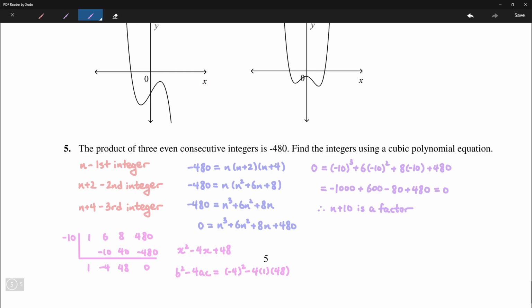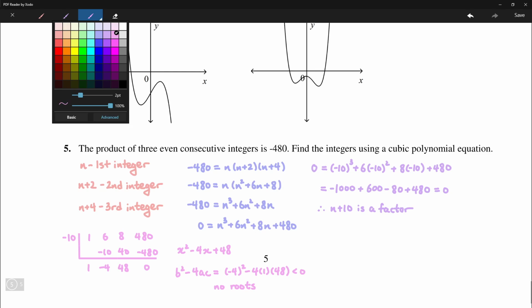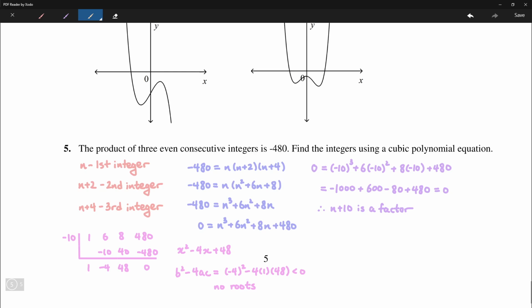So if we were to expand here, we can see that this is going to be less than 0, so there are no roots. So that is to say then that negative 10 is the only solution.